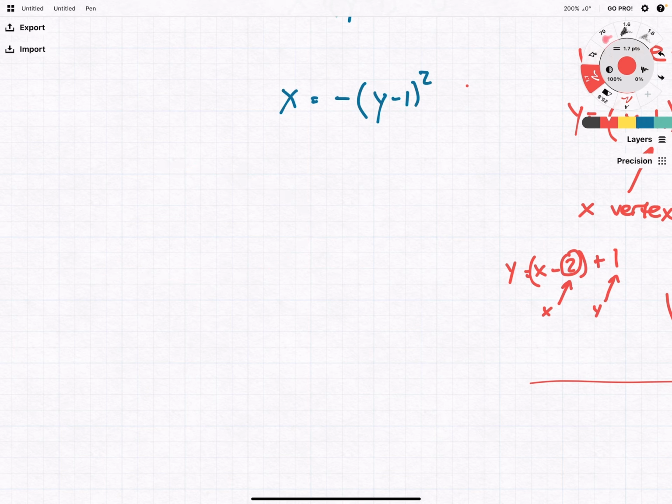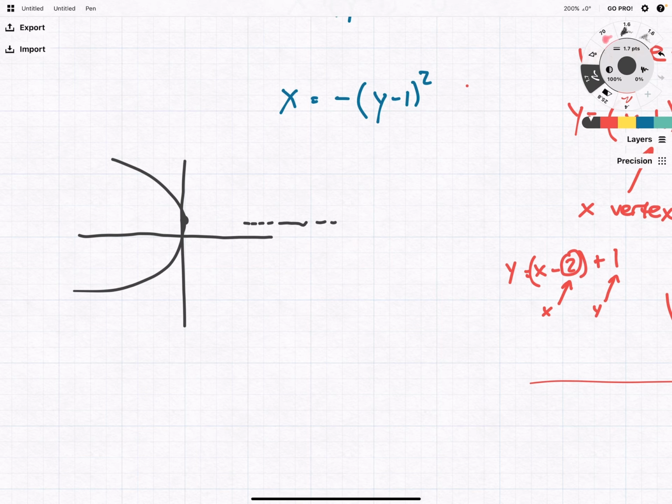It's going to be shifted up in the y direction by positive 1. Let's go ahead and draw this out, maybe a little bit neater than that. We know that our vertex is going to be up here in the positive 1 direction, and it's going to go that way. Okay? Well, great.